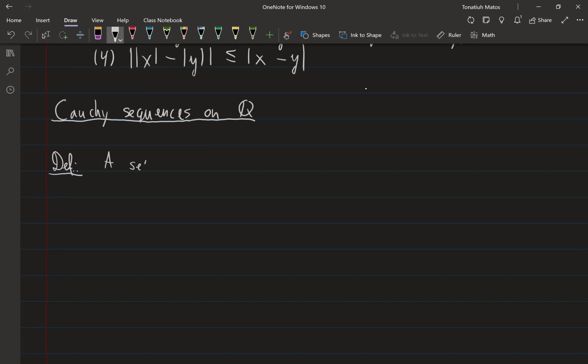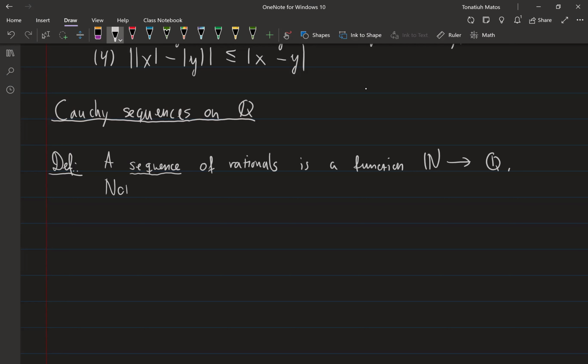A sequence of rationals, but of course you can define a sequence of anything, right? A sequence of any object, but let's say of rationals, is a function. So any function that takes the natural numbers and outputs a rational is called a sequence, right?